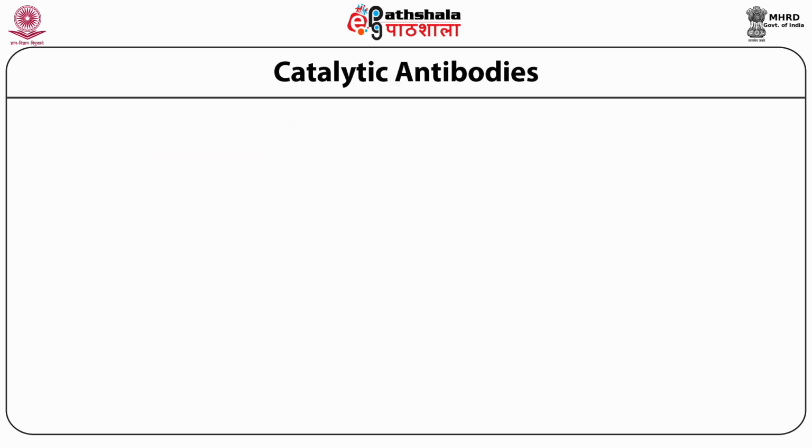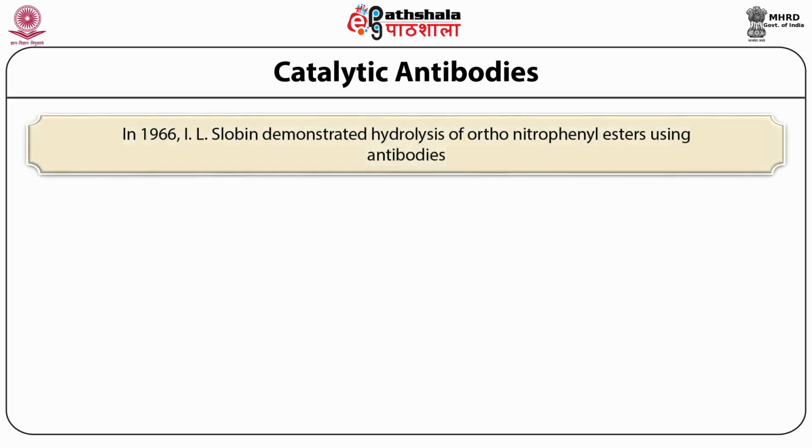Catalytic antibodies. As the name suggests, these are the antibody molecules capable of catalyzing reactions. So in 1966, Slobin demonstrated for the first time that the hydrolysis of orthonitrophenyl esters can be brought about using antibodies. So the antibodies in that reaction were used as catalysts.